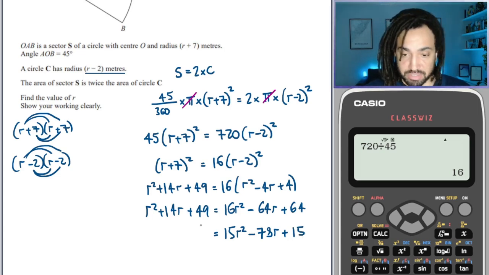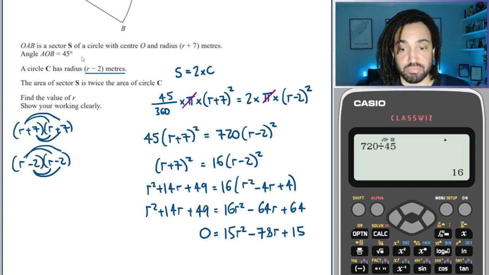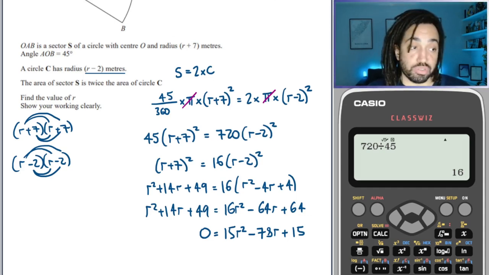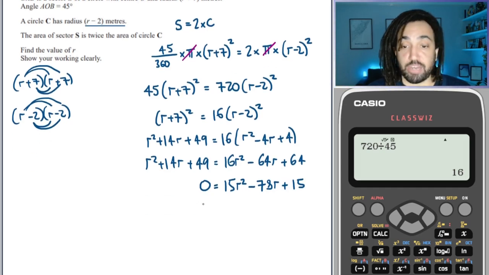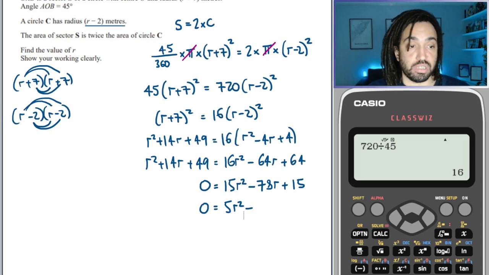Yes, just checking my mental maths is right. And that leaves 0 on the left side, and that is exactly how you want a quadratic. You want it equal to 0, so then you can factorize, or use the quadratic formula. Now, because it's equal to 0, I can divide this whole equation through by 3, because I've spotted a factor. So again, keep our numbers down is useful.